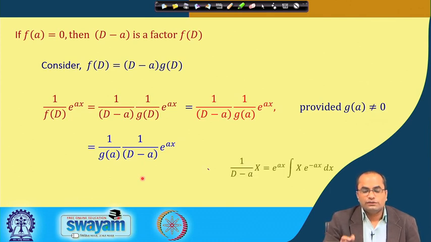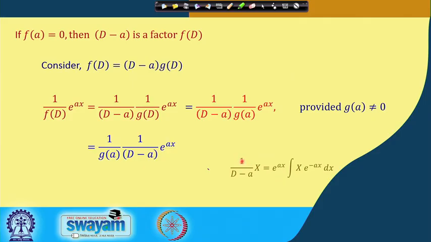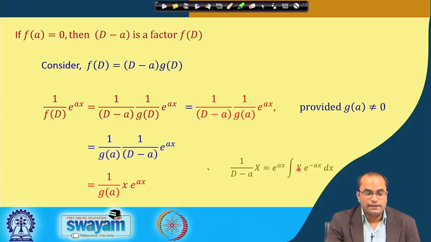Now, we will use this formula which was derived in general, that 1 over d minus a operated on X is nothing but e power a x integral X e power minus a x dx. So, here when we apply this one, our right hand side X is e power a x. So, e power a x and e power minus a x will cancel out each other, and we will have under this integral only the 1.